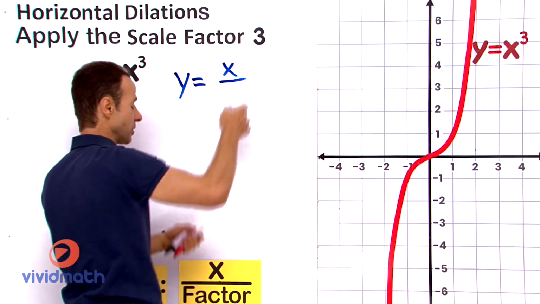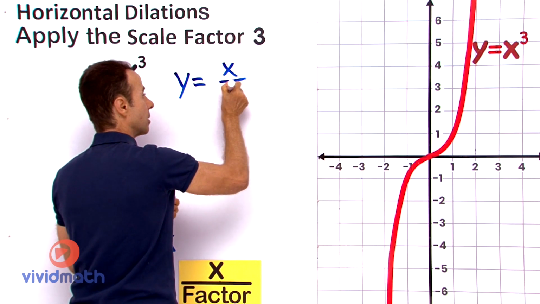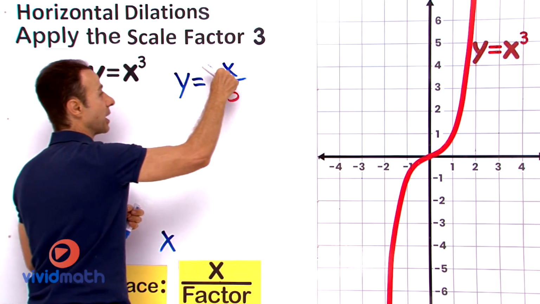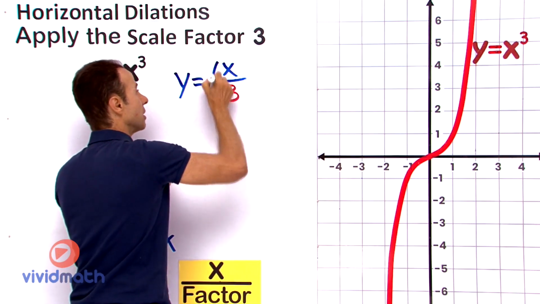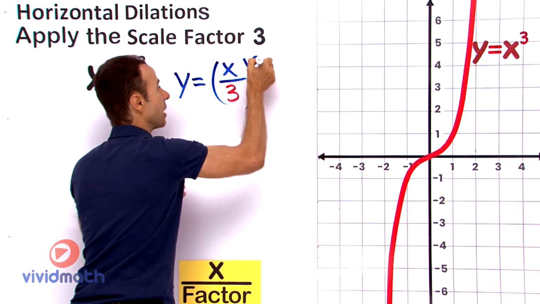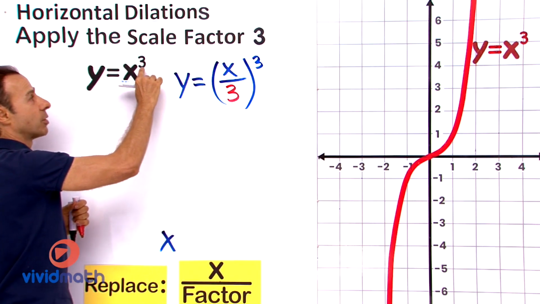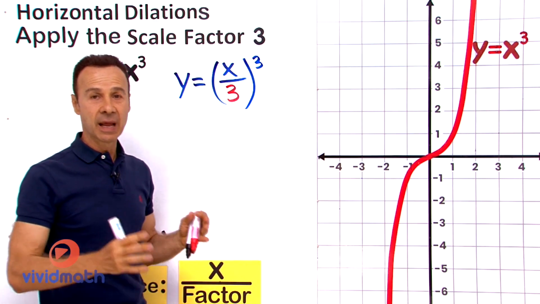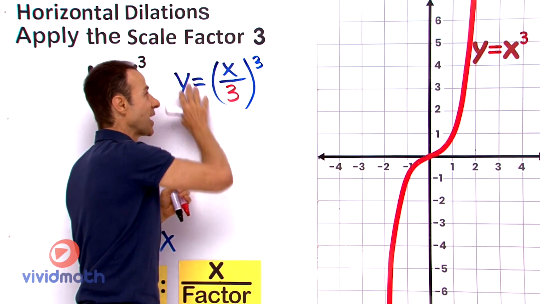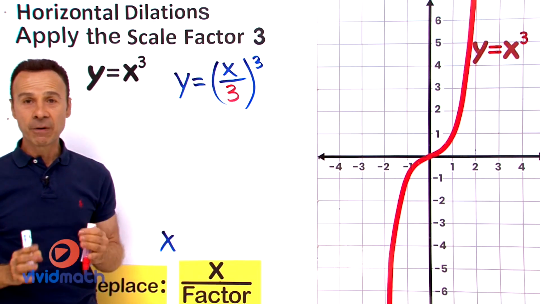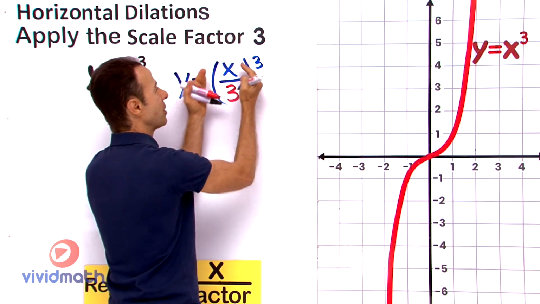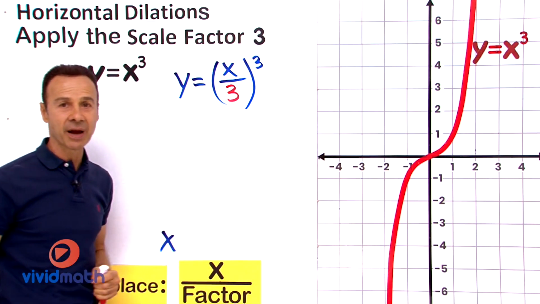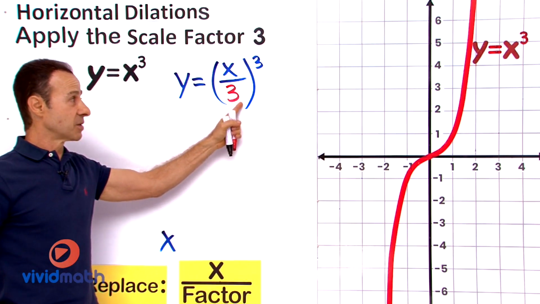The scale factor happens to be 3. So this gets replaced by x on 3, which means all of this is still to the power of 3. So the whole thing in there used to be x, now it's x over 3. So that is our new function. Very important that we keep that in parentheses with the power of 3 outside. So that's our new function.